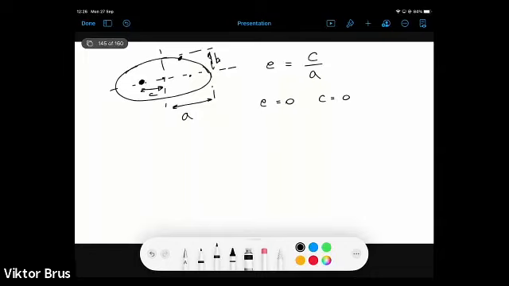That means that the focus is located in the center. Then the ellipse is transformed back to a circle.